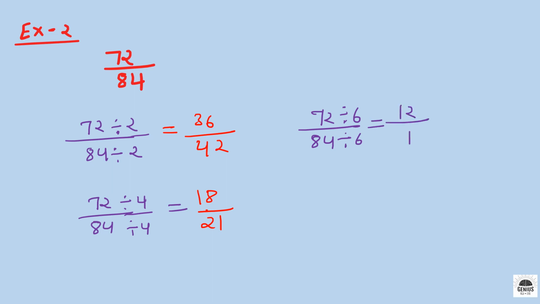So 12 by 14 is also an equivalent fraction of 72 by 84. So we can say that 72 by 84 is equal to 36 by 42, which is equal to 18 by 21, and this is equal to 12 by 14. These are all equivalent fractions of 72 by 84.